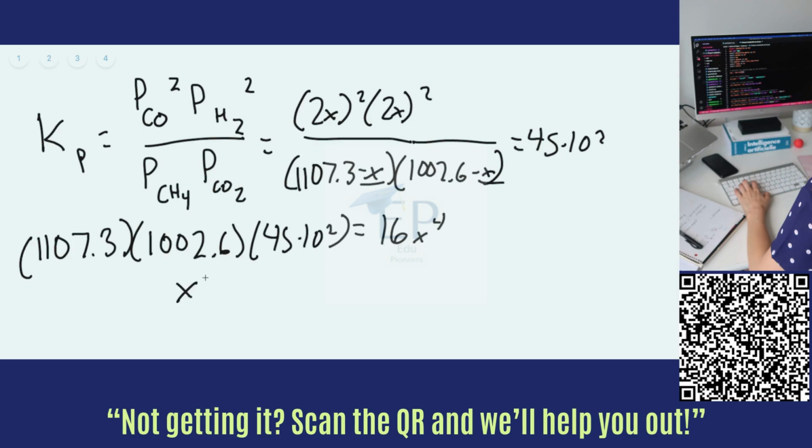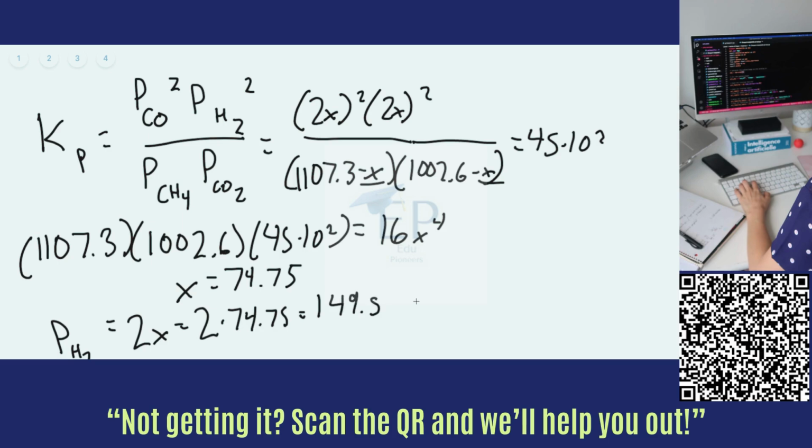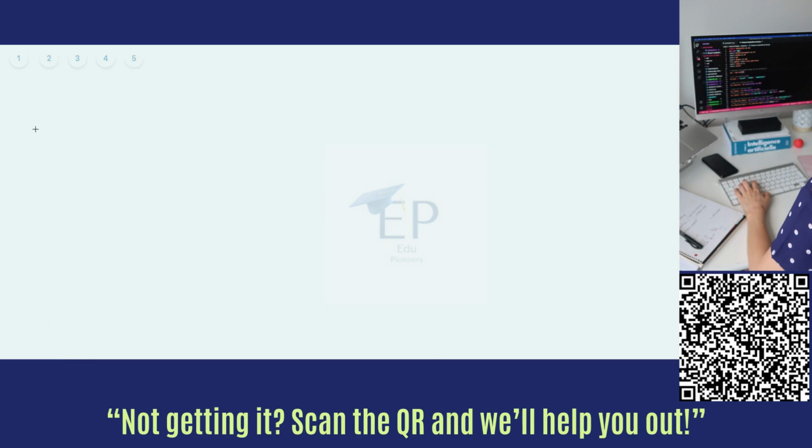And so when we solve this, we get an x value of 74.75. And so now we know our partial pressure of H2 at equilibrium is just 2x, so 2 times 74.75, which is 149.5.